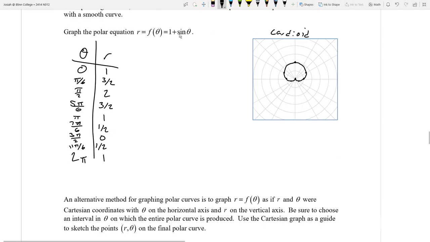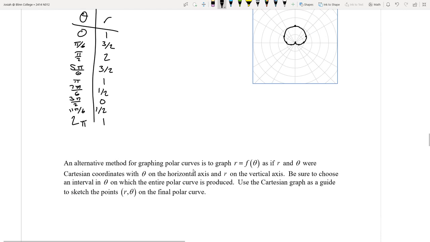And so we got that from 1 plus sine of theta. And so it's going to be a little tricky to figure out what adding a number to our trig function, or maybe adding a number and multiplying, gives us. So we're going to have to rely on some sort of method of relating r and theta. As it says here, an alternative method is to graph r equals f of theta as if r and theta were Cartesian coordinates, where theta is horizontal, r is vertical.